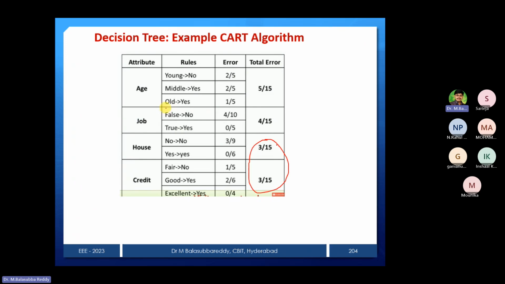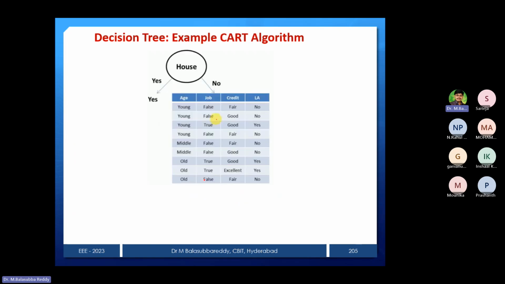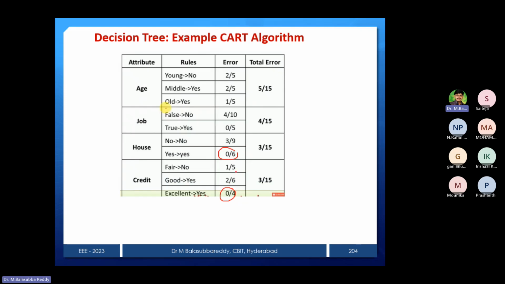Then how to find the individual error? You have to find 3 by 9 error, 0 by 6, 1 by 5, 2 by 6, 0 by 6. So again, there is a problem. In both cases, here also 0 by 4, here also 0 by 4. So either house or credit you can go for as your root node. Any one you can take because the individual errors also will be the same. Again, next error you can take 3 by 9, this one.